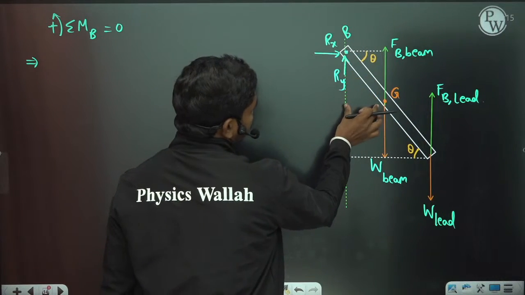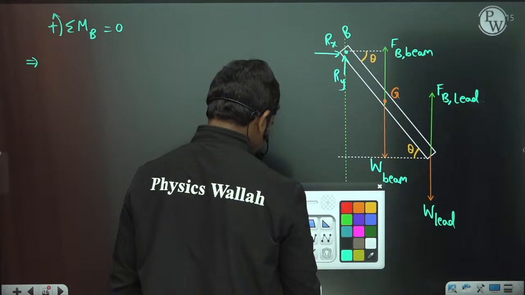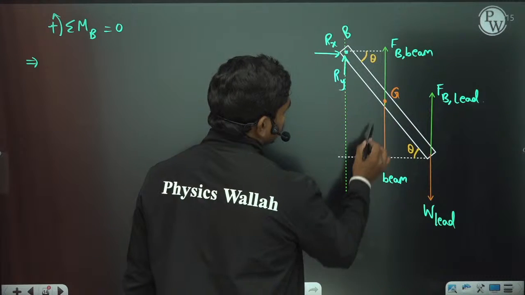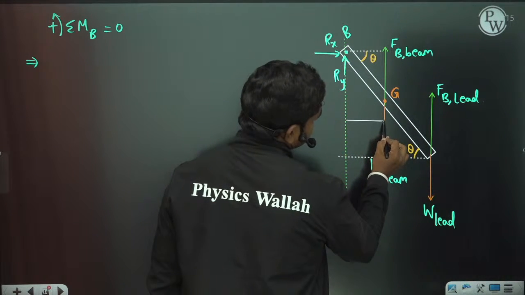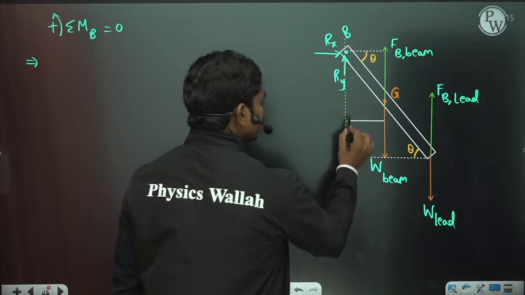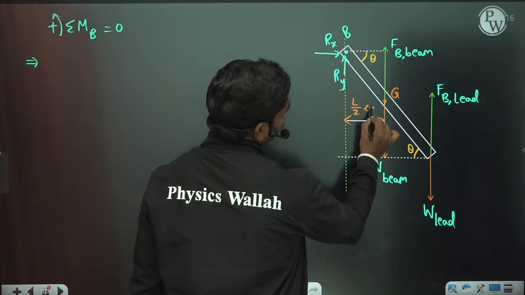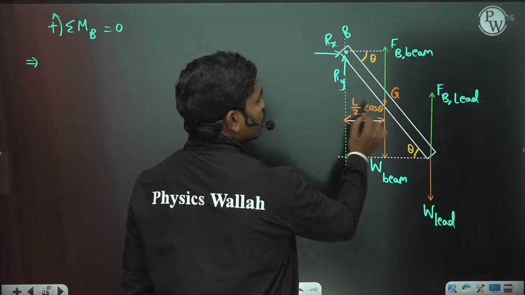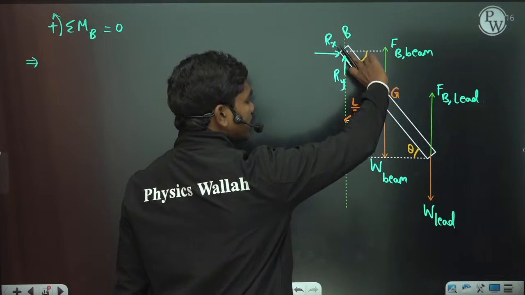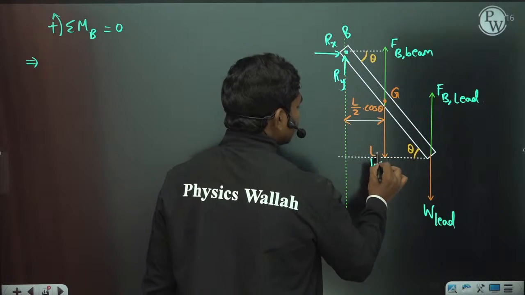Can I say the distance between these two verticals is nothing but L by 2 cos theta? Because with the horizontal this angle is theta, this length is L by 2. Similarly, this total length is L times cos theta.